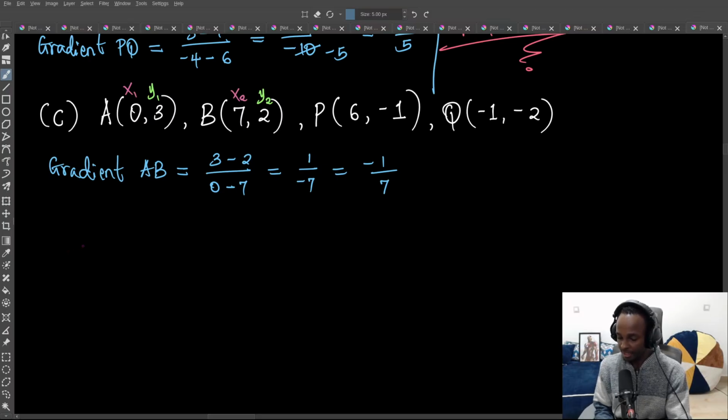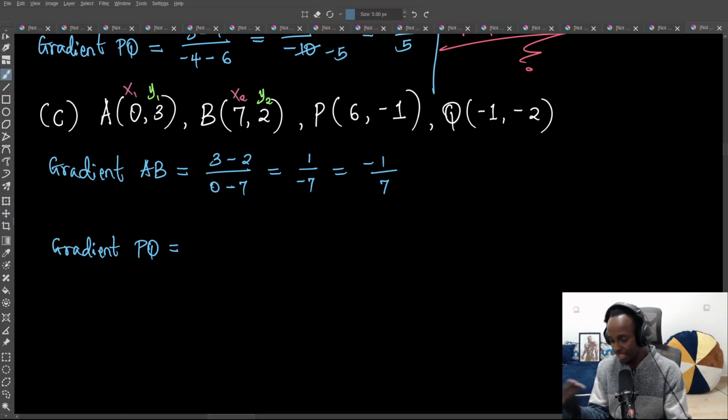And then let's take a look at the gradient of PQ. So the gradient of PQ again, change in y over change in x, and let's label this. So this is y1, this is y2, and then this is x1, this is x2.